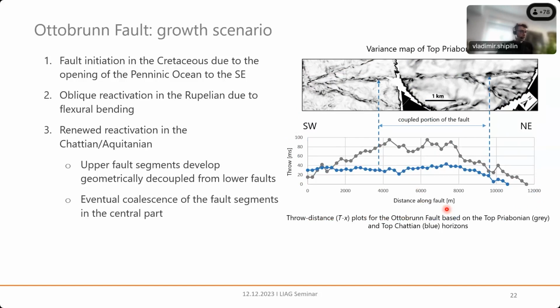Then within the central part of the fault Ottobrunn, the upper segment nucleated, and here it is proposed that the largest structures, with the largest displacement, are more likely to localize strain. And this is most probably where the upper segment initially nucleated, then it grew by upward and downward propagation and also by lateral propagation. And eventually it coalesced with the lower segment, forming a coherent through-going fault.